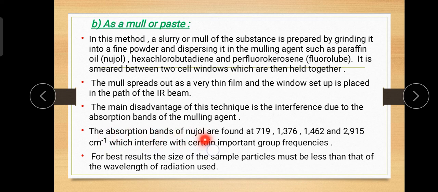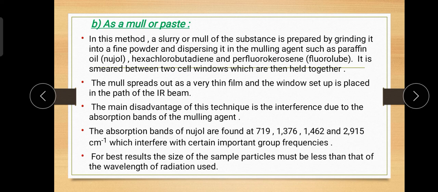The absorption bands of Nujol are found at 719 centimeter inverse, 1376 centimeter inverse, 1462 centimeter inverse, and 2915 centimeter inverse, which interfere with certain important group frequencies.